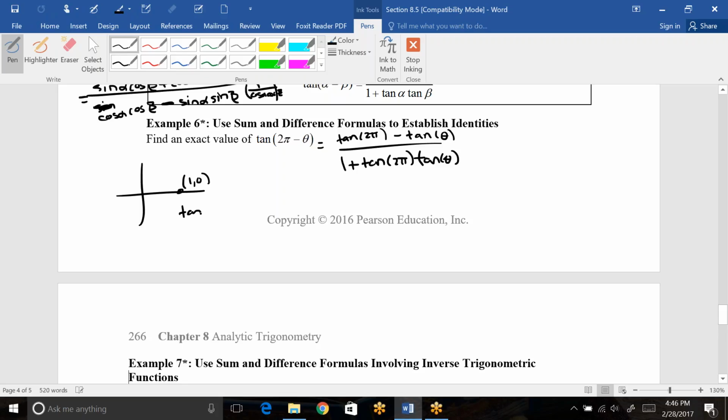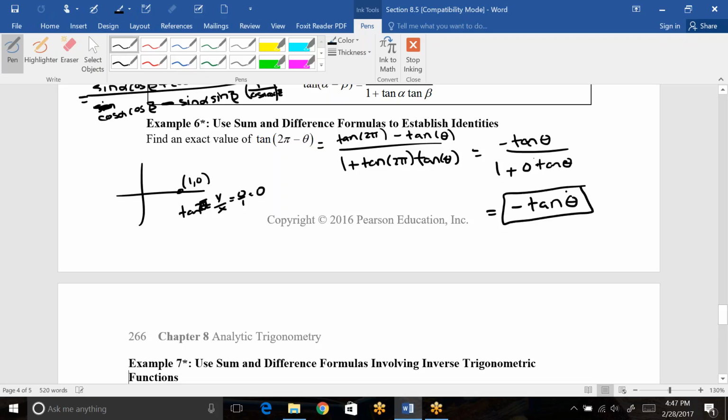Remember, tangent is y over x. So for 2 pi this would be 0 over 1, which is just 0. That means this is 0 minus tan theta, so negative tan theta on top over 1 plus 0 times tan theta, which is going to cancel out. So you just get negative tan theta over 1, which is negative tan theta.